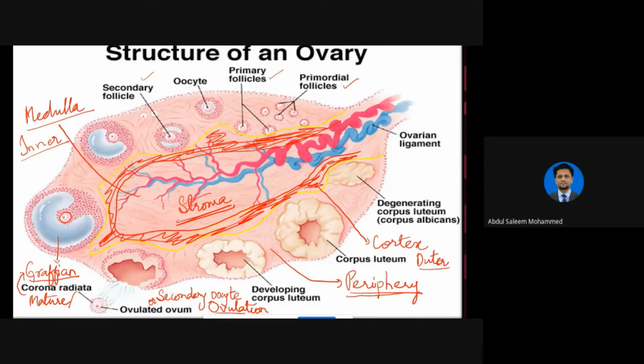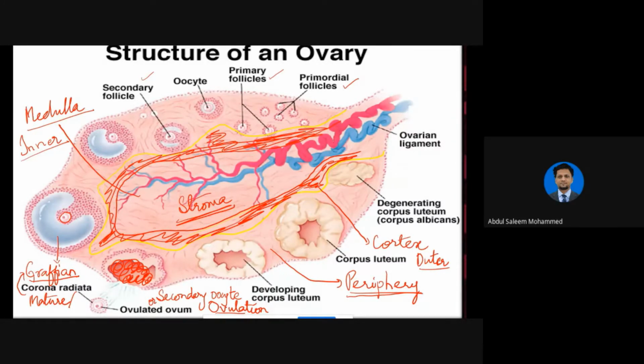Okay, so once this ovum is released outside, the remaining follicular cells present in this Graafian follicle will remain inside. Only the ovum will be released outside. Only one cell will be released outside. All the remaining follicular cells will be restricted.